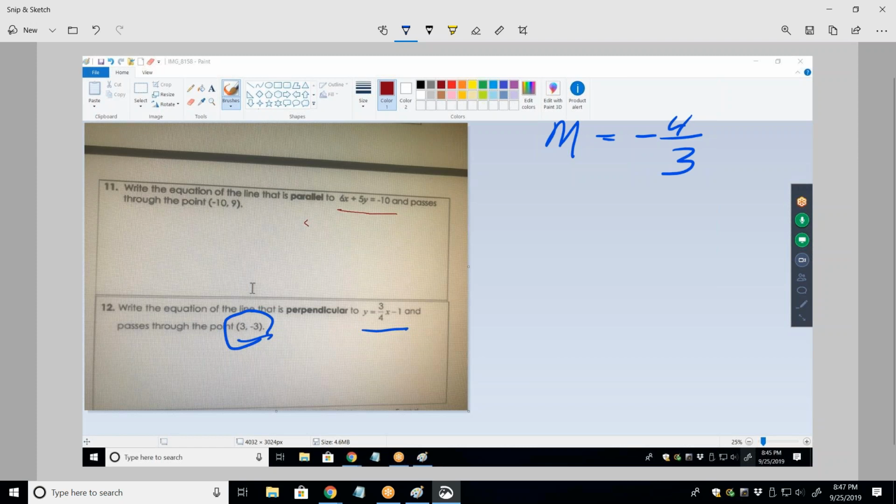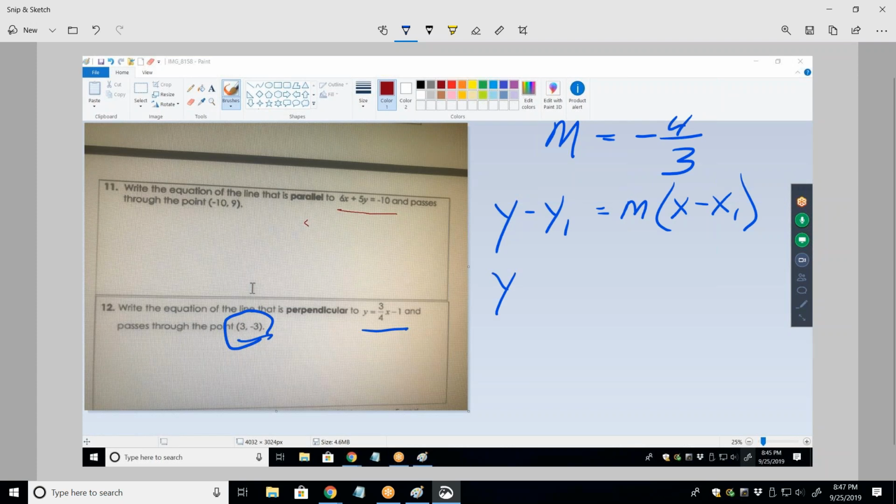What's the general form of point slope? y minus y1 equals m times x minus x1. So that's what we're going to plug everything into.